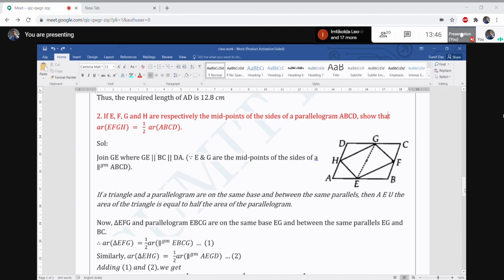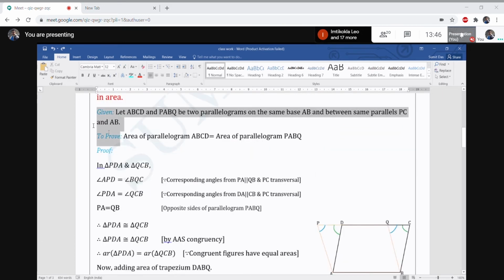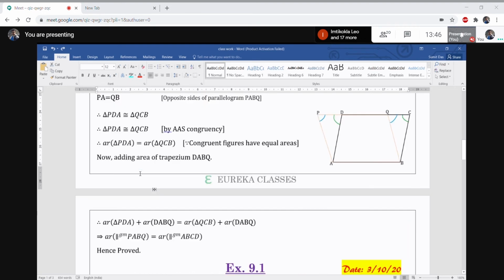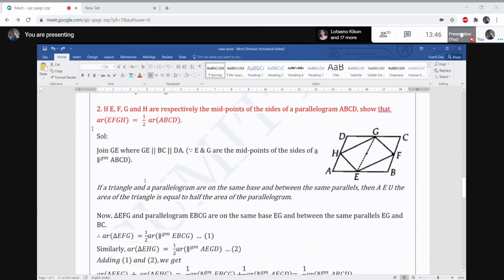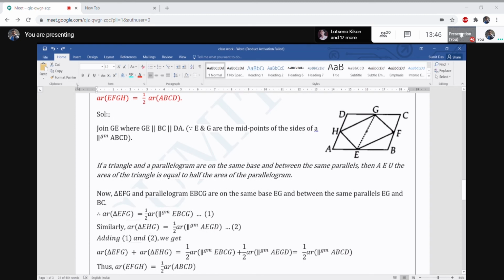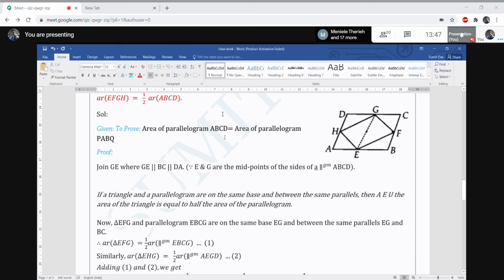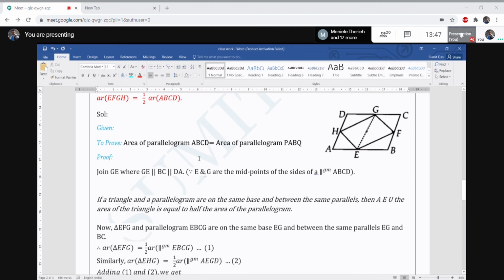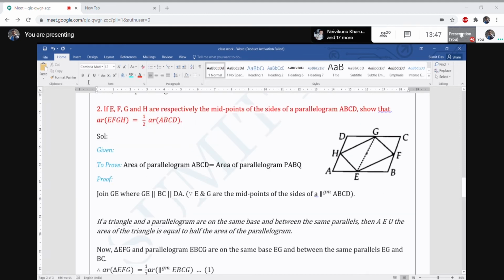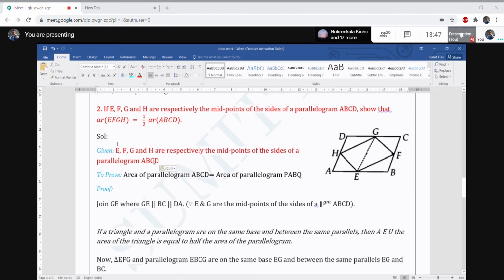So before that, let's write down the given part. In the given part we have to write this, and we have to write this.